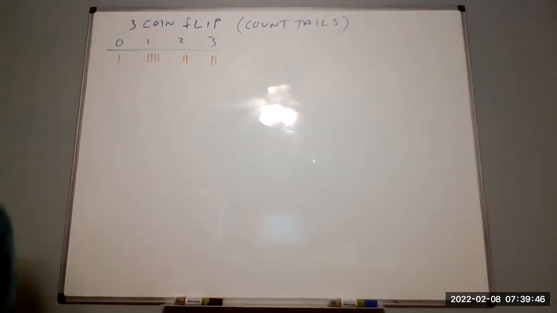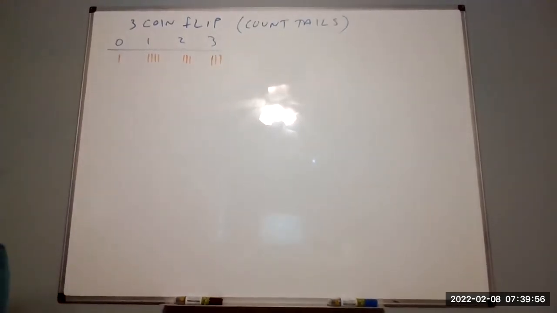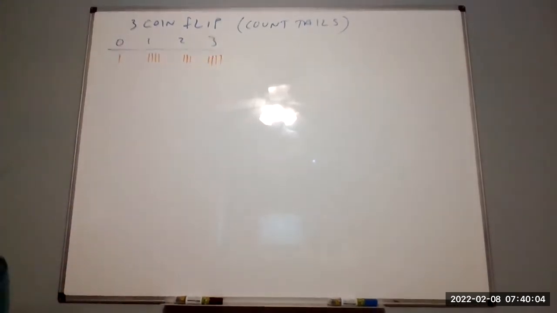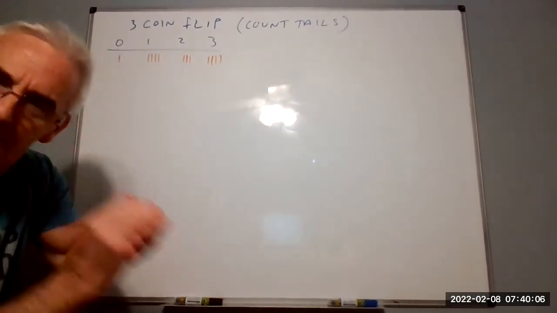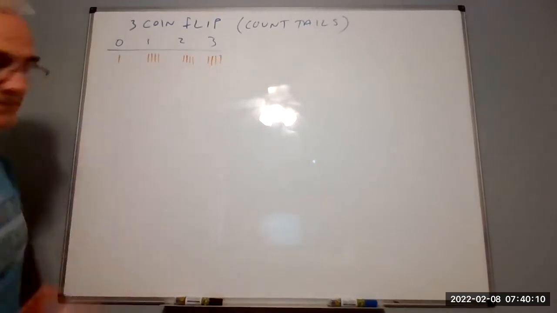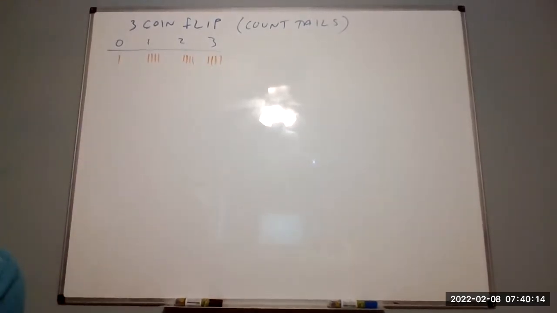I got 2 tails. I got 3 tails. Wow, look at this. I got 3 tails once again. I'm wondering about these coins. Are they fair coins or are they unfair coins? I got 2 tails again. We don't seem to see a lot of heads in this example here.